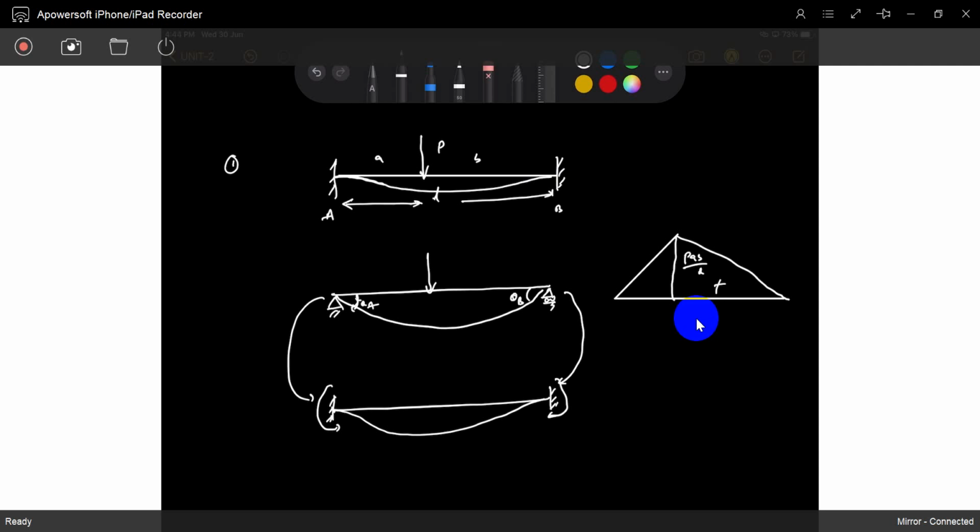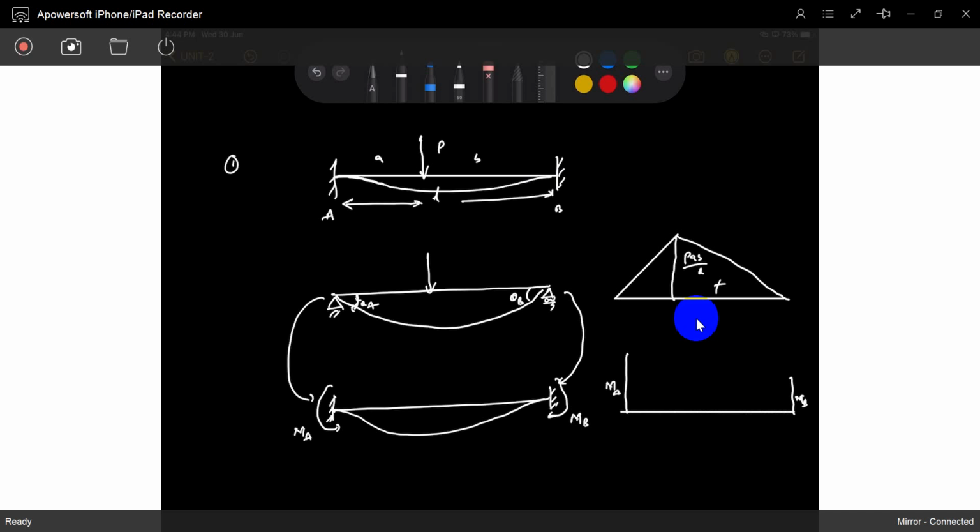If this is MA and this is MB, fixed end moments are arising at the fixed supports. You already know MA is greater than MB. How, sir?